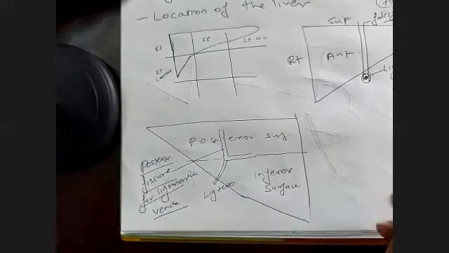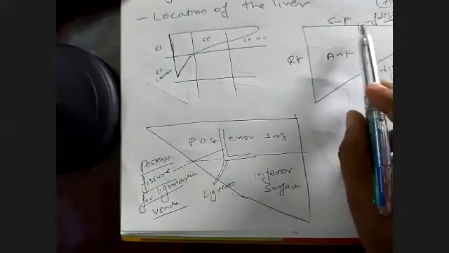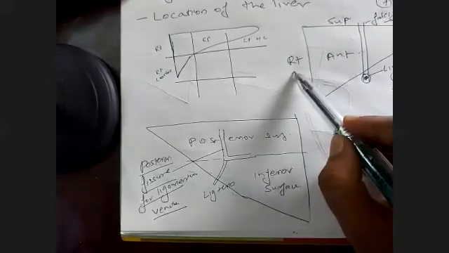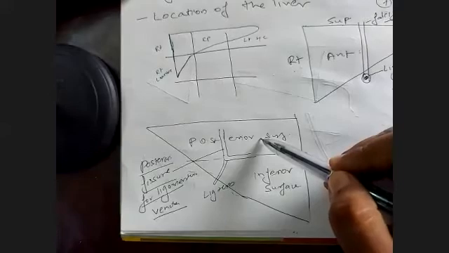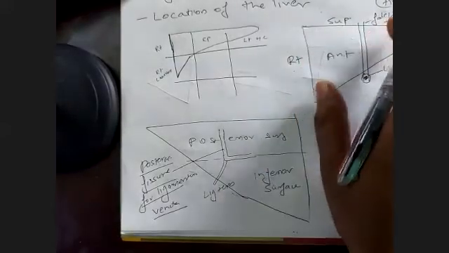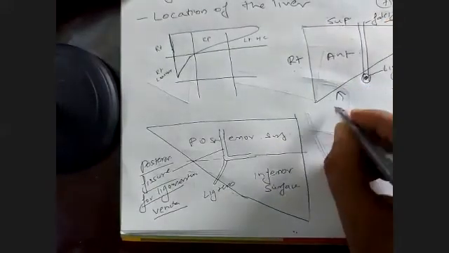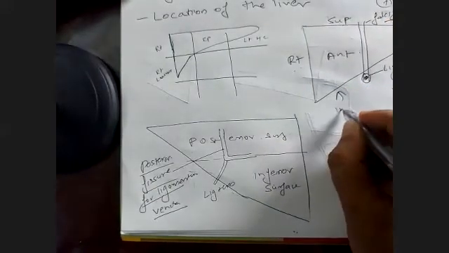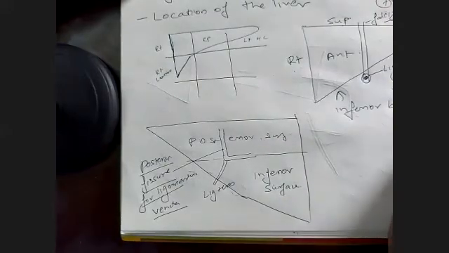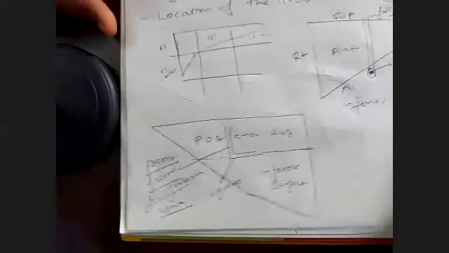So liver total has 5 surfaces: the superior surface, anterior surface, right surface, posterior surface, and inferior surface. All the borders of the liver are rounded except for this one border, which is called the inferior border.